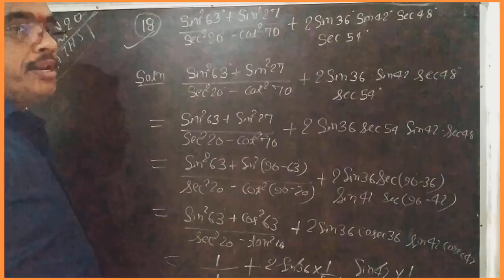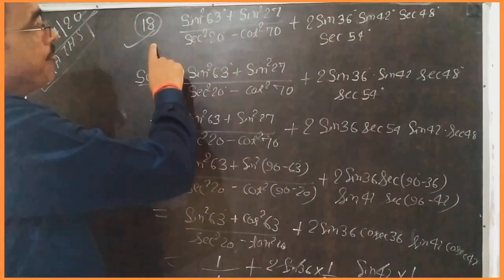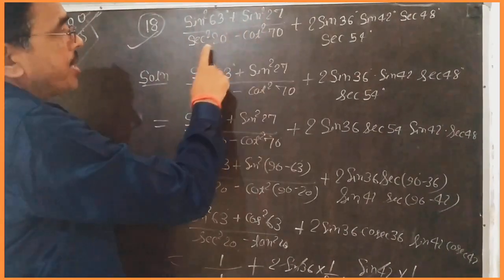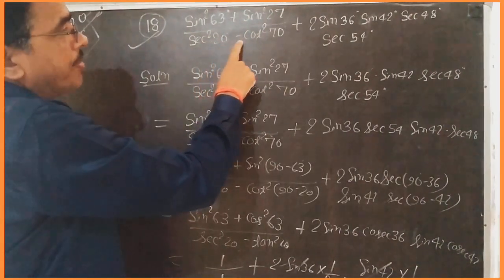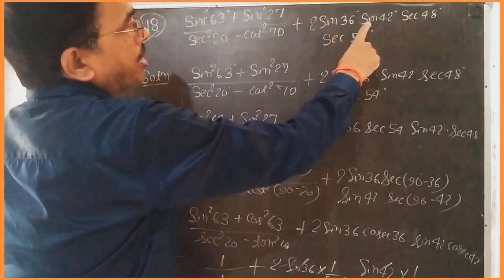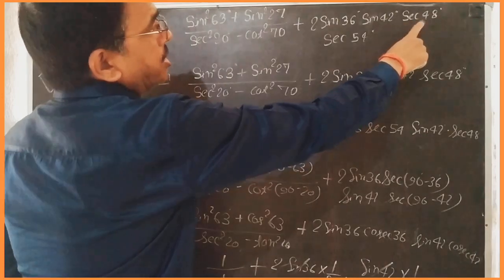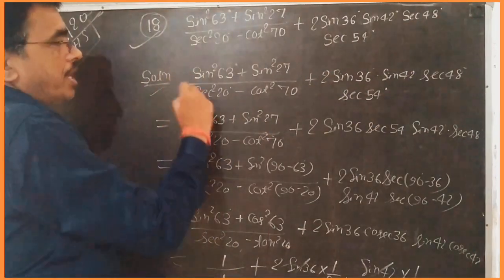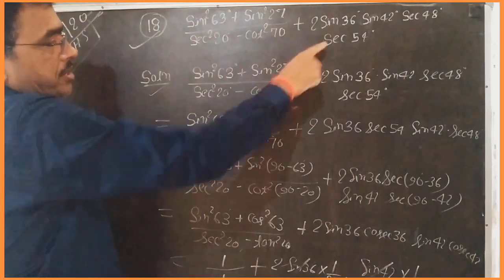Question number 18, exercise 12. That is sin square 63 degree plus sin square 27 degree, sec square 20 degree minus cot square 70 degree, plus 2 sin 36 degree into sin 42 degree, sec 48 degree into sec 54 degree. First I write the question.